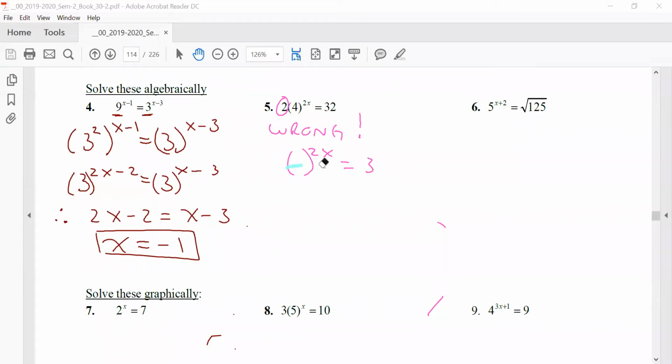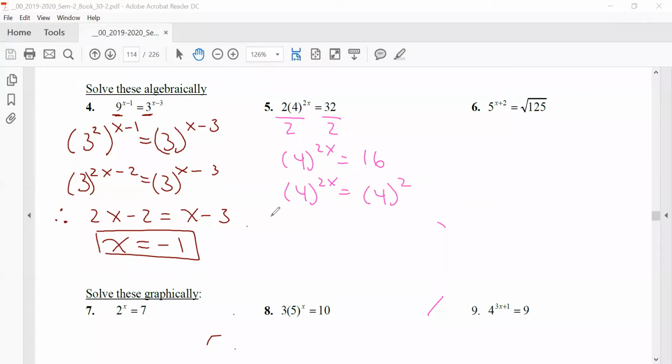Okay, here's the right way to do it. I'm going to divide both sides by 2 first. Now, what I'm going to say to myself is, can I make the bases the same? Answer, yep.